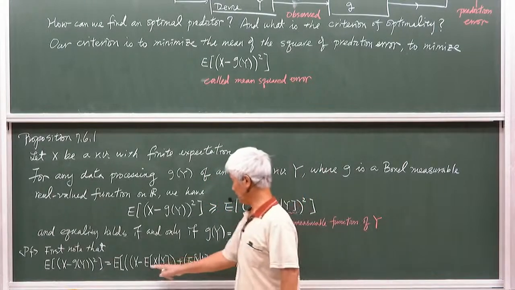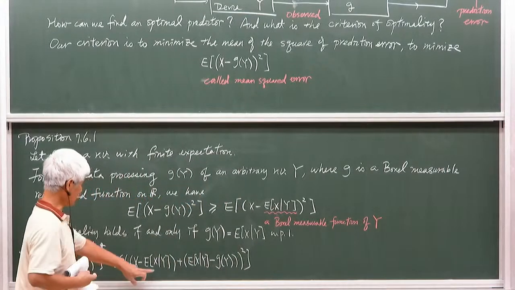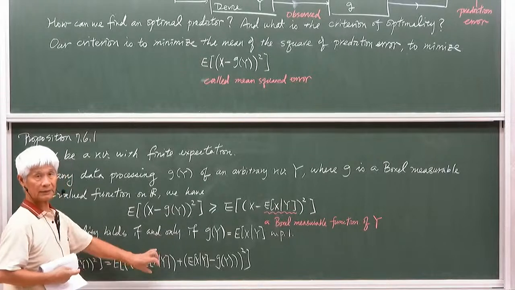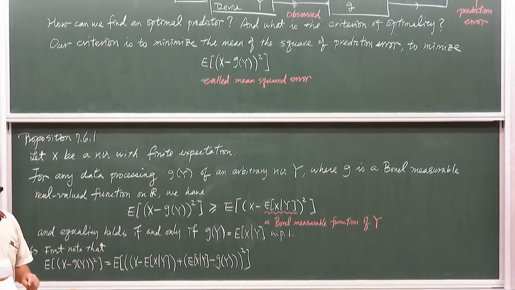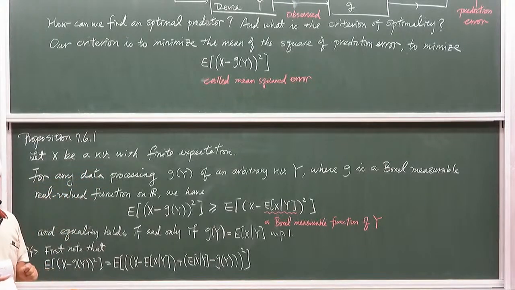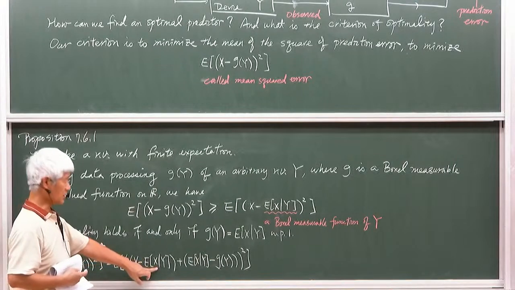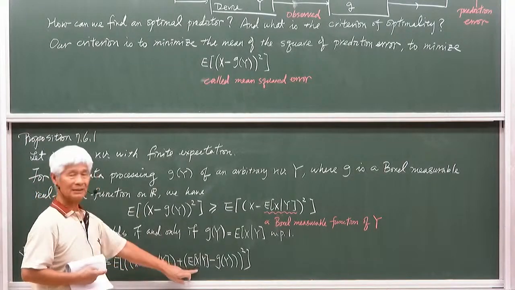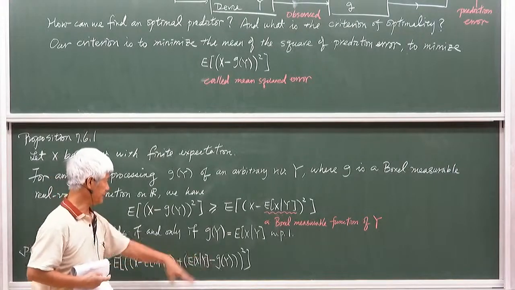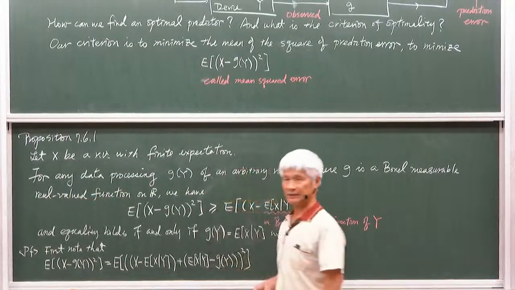So we subtract the conditional expectation of X given Y, the existence of which is guaranteed by proposition 7.5.a because X is a random variable with finite expectation. We subtract this conditional expectation of X given Y and add the same random variable again. So this difference becomes the sum of two differences.